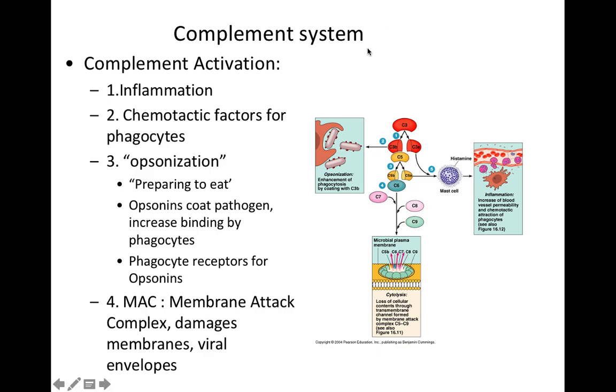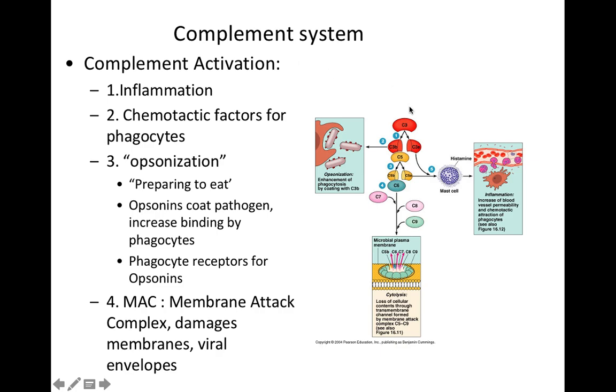Okay, so we're not going to worry too much about the 3 different ways of activating complement, but what we do want to know is, how is it helpful? Why did it evolve?